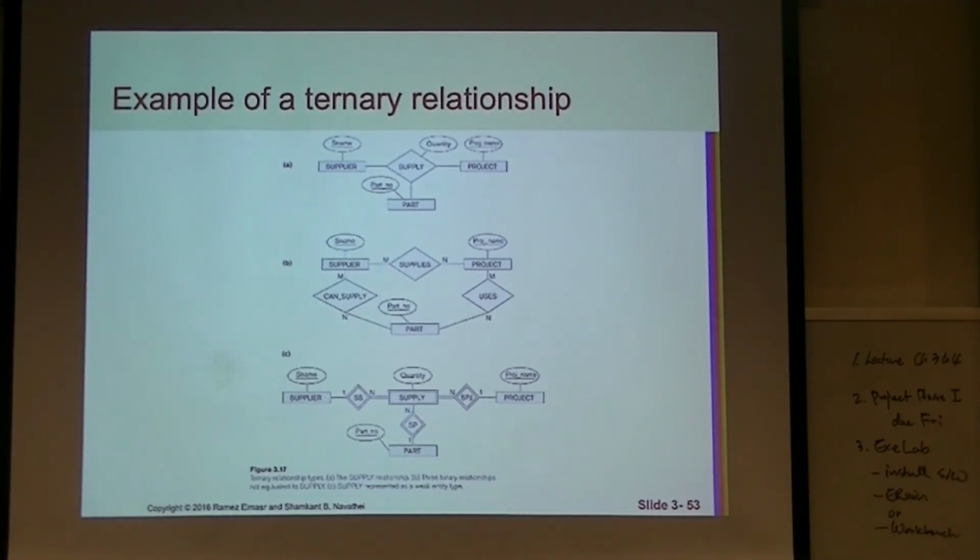The database model that we are going to use, the relational database model, cannot handle this one. An object-oriented programming model may be possible, but the relational model actually cannot do it. So we eventually convert such a ternary relationship into this.